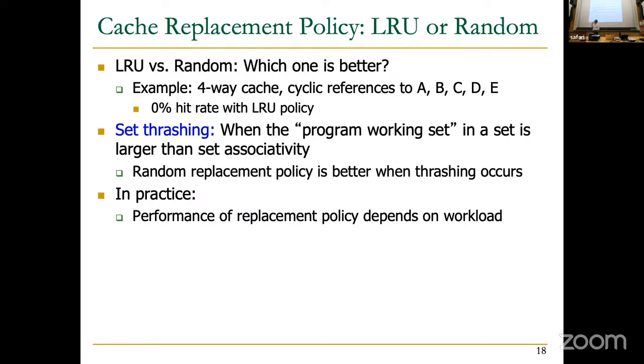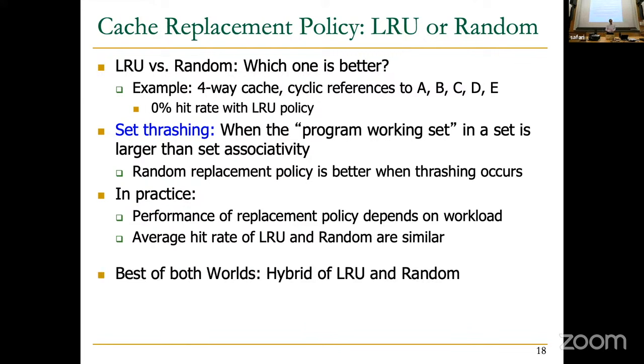I just gave you an example: this is the worst case access pattern for LRU, and it's much better for random. If you average across many workloads, the average hit rate of LRU and random are similar. This also shows that set thrashing happens a lot in real workloads. Of course, it depends on your associativity, but with associativity like 8, 16, 32, it happens a lot.